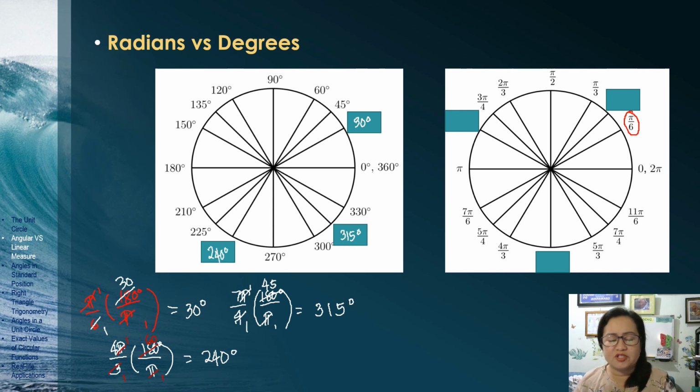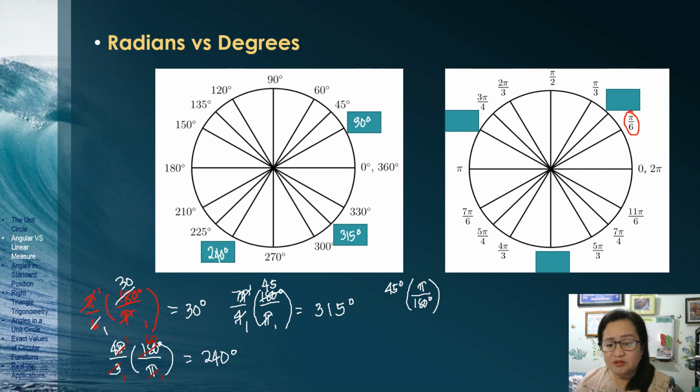Now what about from degree to pi? Here we have 45 degrees. So how can we convert 45 degrees to pi radian or to radian? Now we write 180 degrees in the denominator while pi in the numerator.